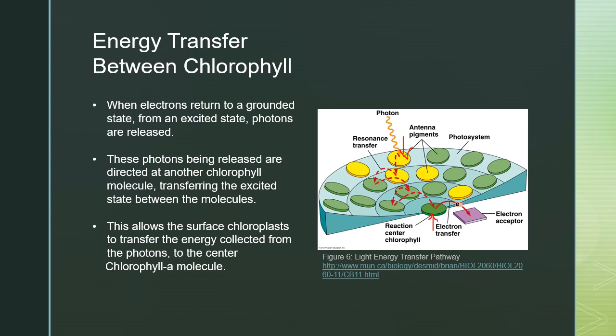It is important to note, however, that for every transfer that the chlorophyll molecules make, a tiny bit of energy is being lost due to heat. Thus, the center chlorophyll A molecule will obtain less energy than what is initially possessed by the initial chlorophyll B molecule.